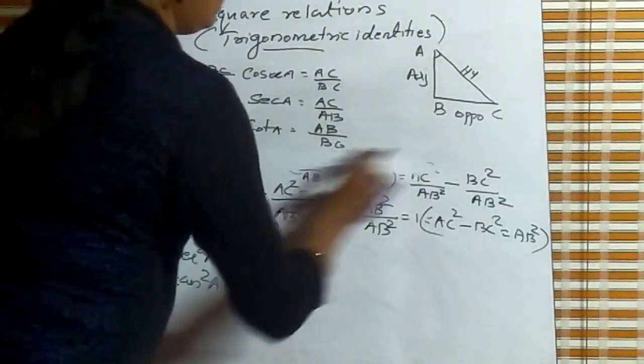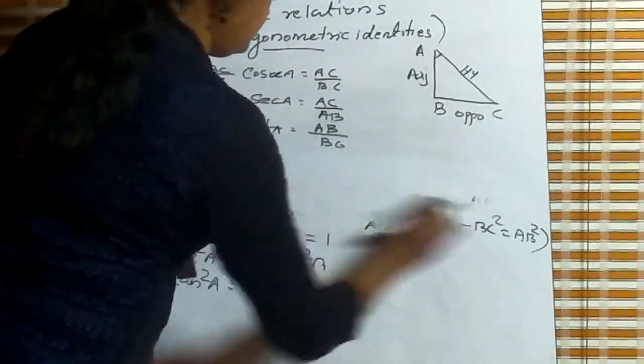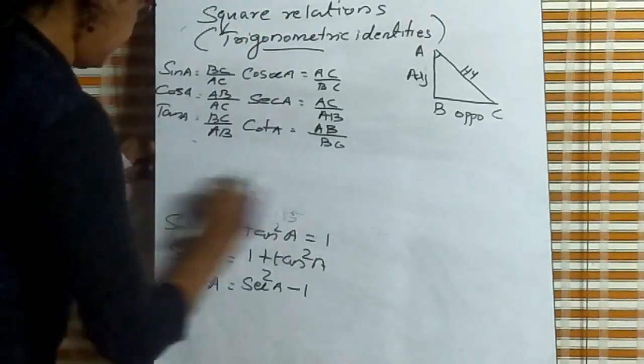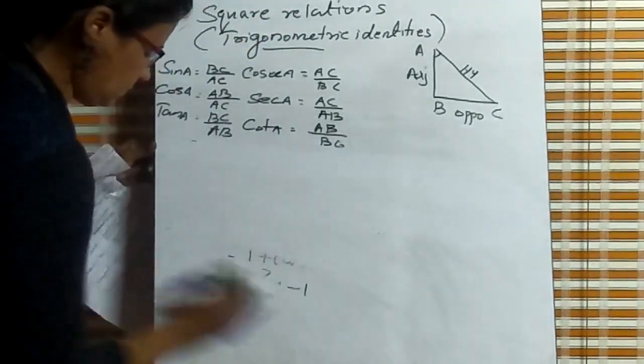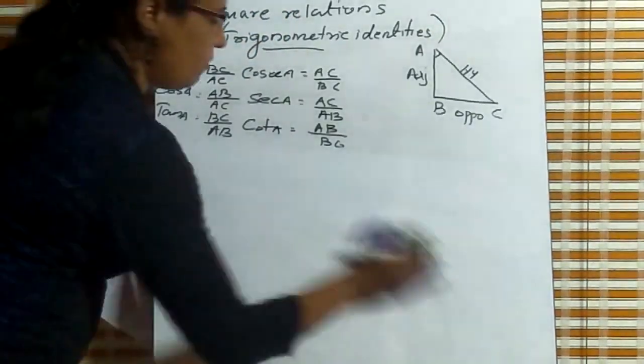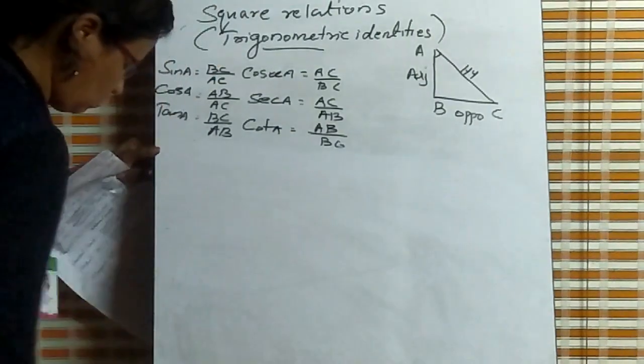Now our third identity is, what is cosec square A minus cot square A?